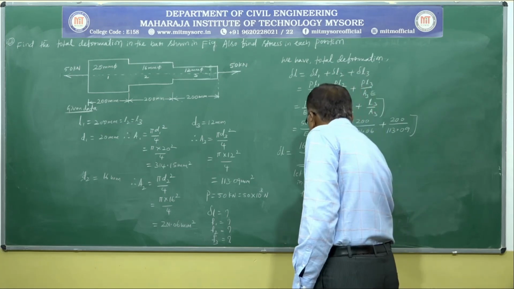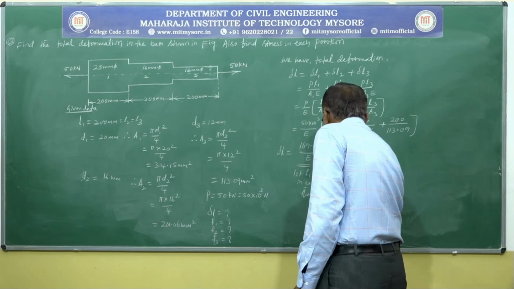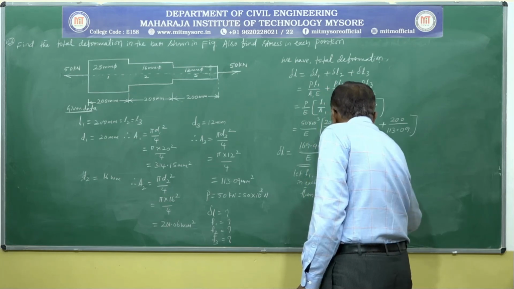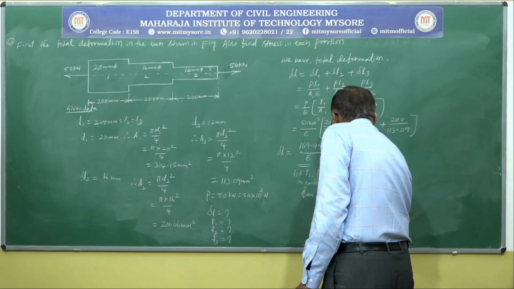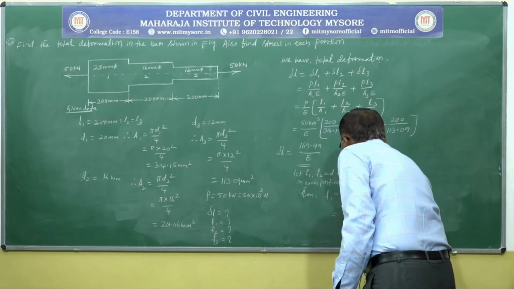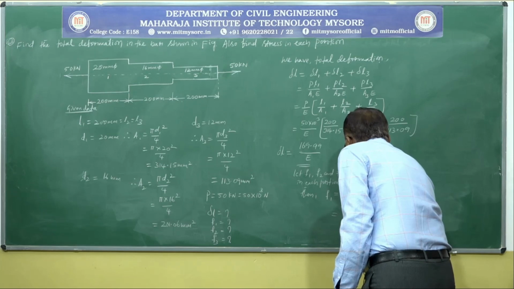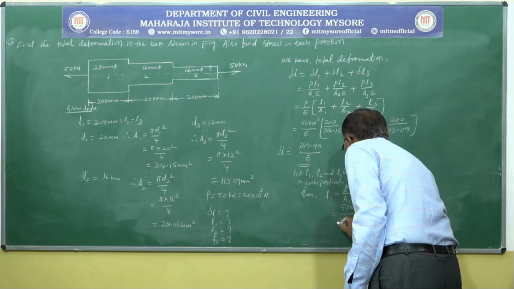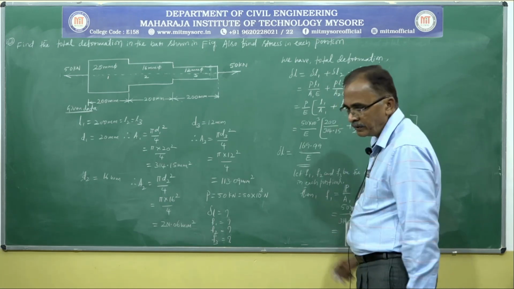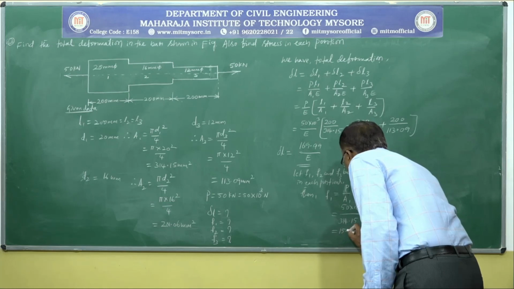Then F1 is equal to P divided by A1, that is equal to 50 into 10 power 3 divided by A1, which is 314.15. We will get F1 as 159.15 Newton per millimeter square.